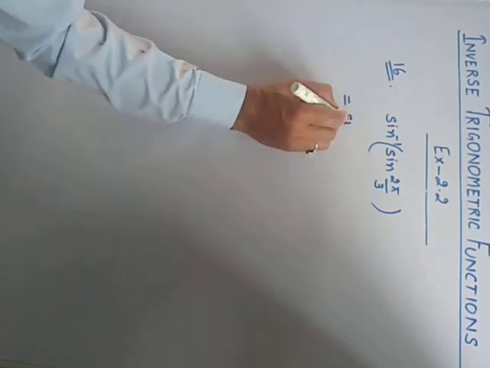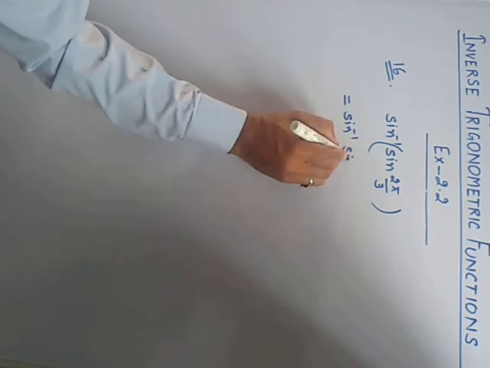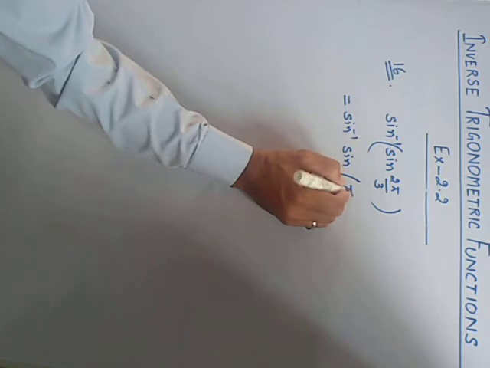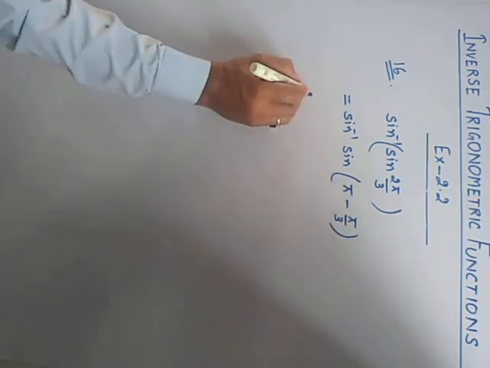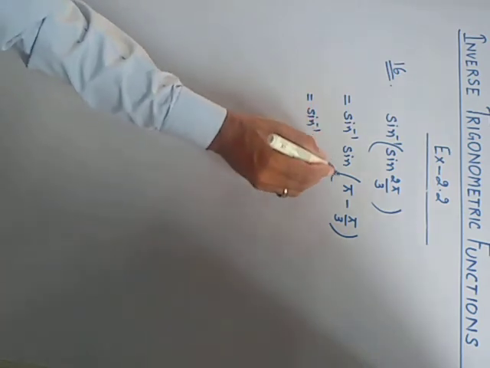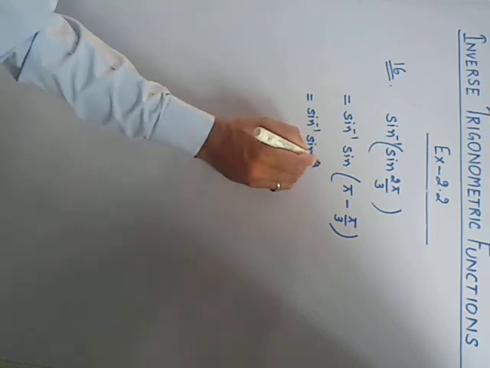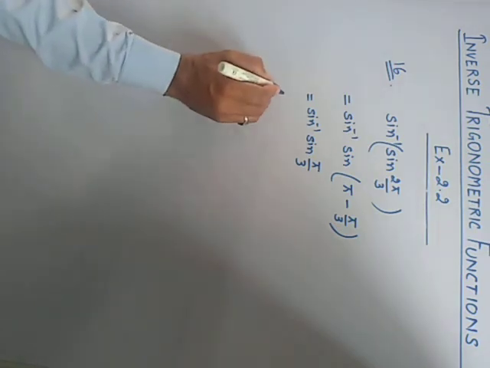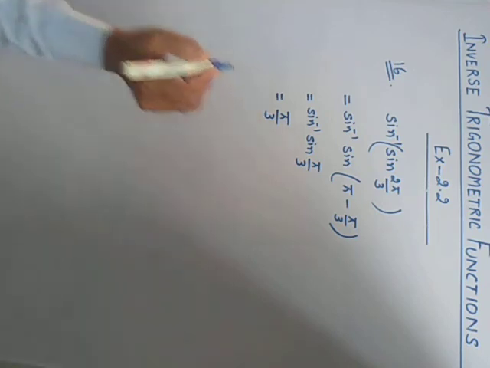So sine inverse, as it is, sine, in place of 2 pi by 3 we can write pi minus pi by 3. Sine inverse sine 180 minus theta will be sine theta. So it is sine pi by 3. Now sine inverse and sine eliminate each other. So answer is pi by 3.